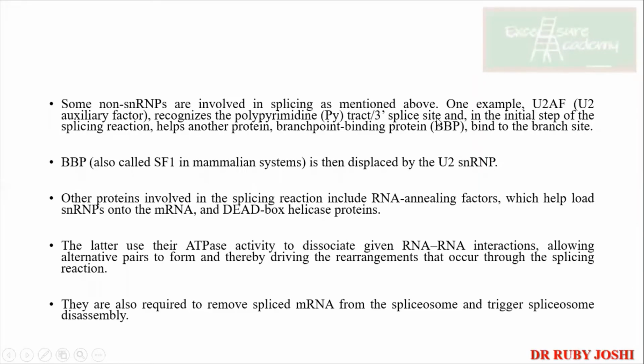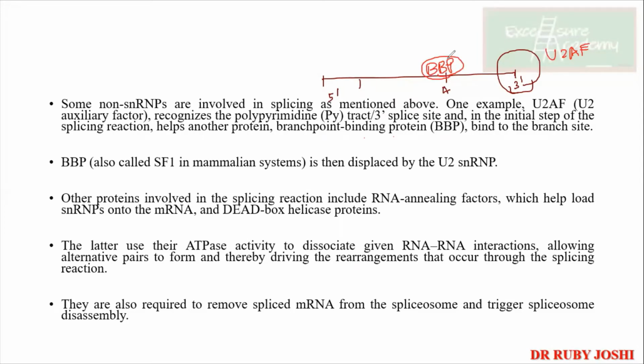So now you know where the 3' splice site is, correct? If this is our mRNA, we have over here the 5' splice site. Here A is your branch point and the 3' splice site is present over here. So to this region, U2AF will come and bind. Now, in the initial step of the splicing reaction, the branch point binding protein BBP binds to the branch site. So BBP will come to the branch site.